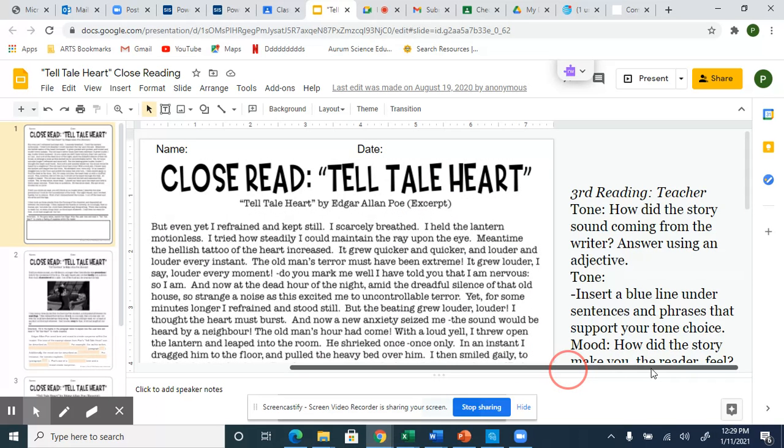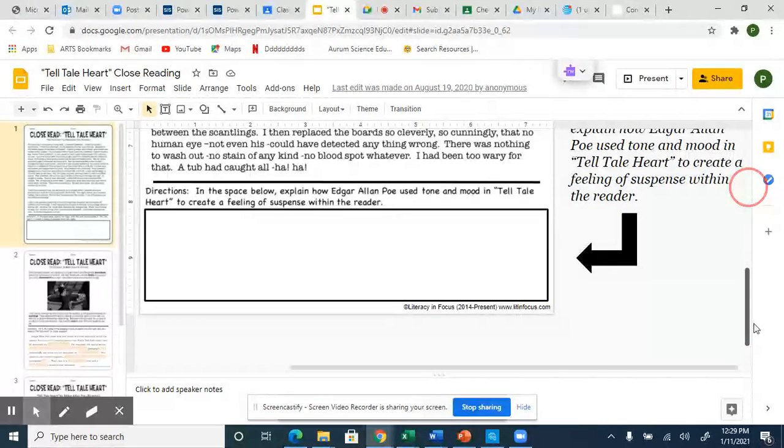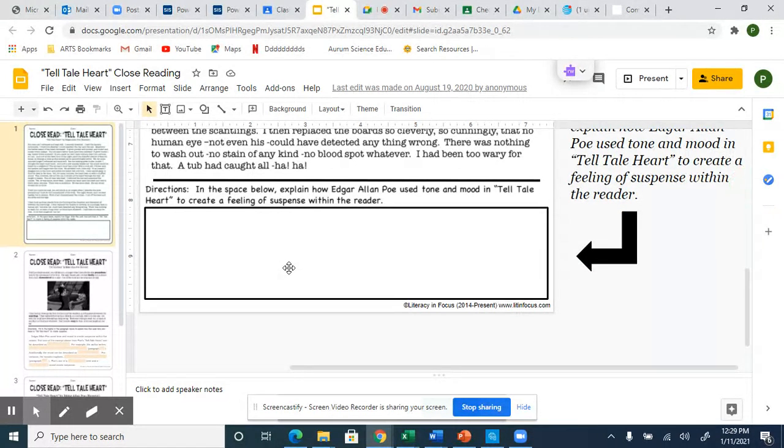So over here, you're going to insert a blue line under sentences and phrases that support tone. The tone, not the mood. We've been talking about mood. Now we're doing tone. So as you can see, you're going to go through this, and in this space, you're going to explain how Edgar Allan Poe used tone and mood to create a feeling of suspense.